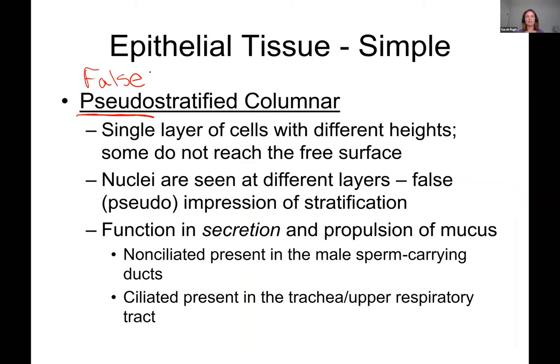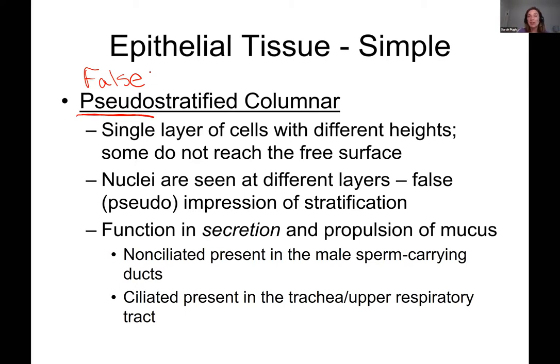So it might look like it's more than one layer, but it's not. It's only one layer. And the reason it looks like it's more than one layer is because the cells have slightly different heights to them. So it makes it look like they're more than one layer. The nuclei end up being at different heights. So it looks like more than one layer. But in reality, all the cells are attached at the basal surface, okay?